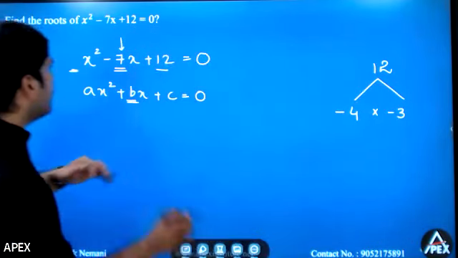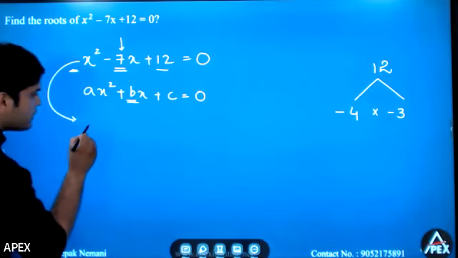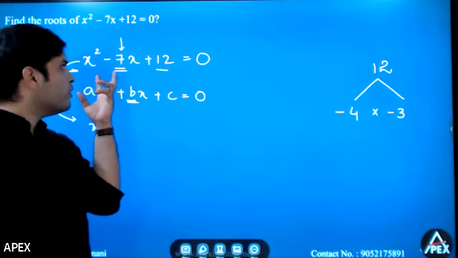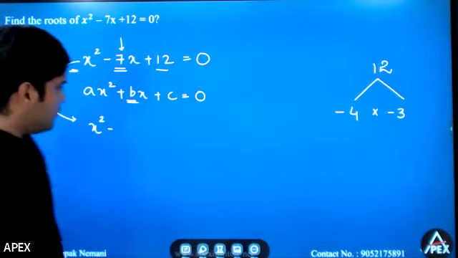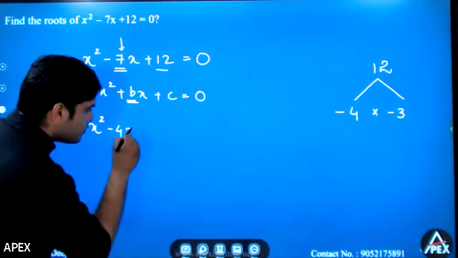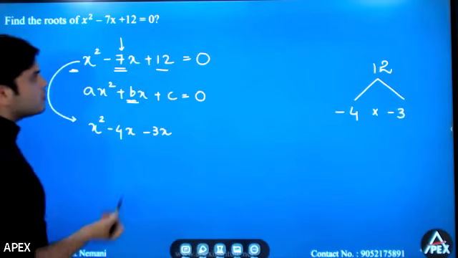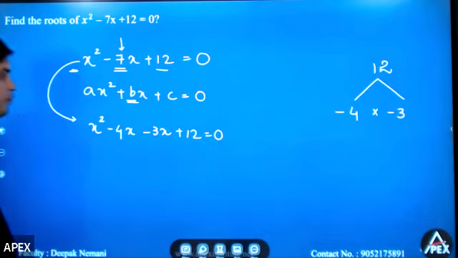Okay. Now what I will do is I will rewrite this expression as x square. I will split this 7x into minus 4x plus minus 3x. So x square minus 4x minus 3x plus 12 is equal to 0.